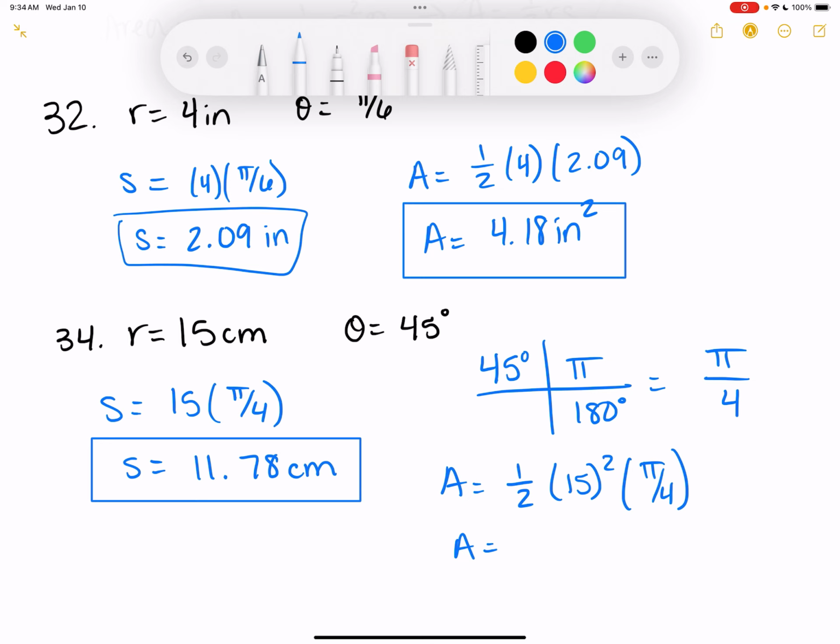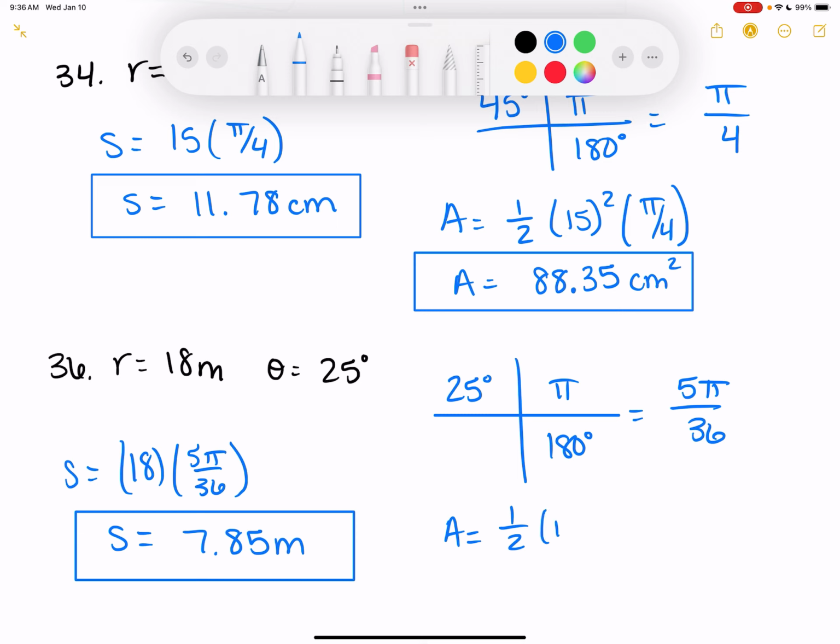And area, I'll go back to my normal area. So 1/2 RS. So 1/2 times 18 times the S value.